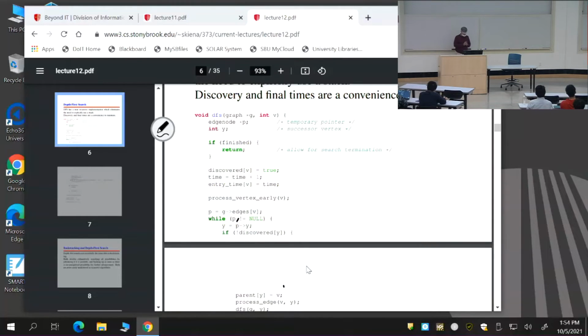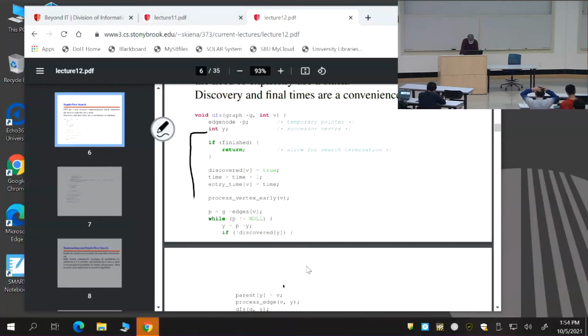At the end of class last time, there was some debate and hubbub about what was the running time of DepthFirst search. Before, I tried to convince you that it was n plus m. DepthFirst search is also n plus m. But I want you to look at it and to see why that is. What is the argument here?